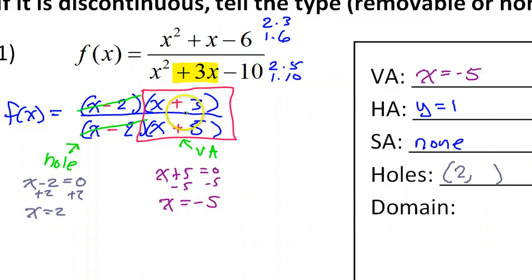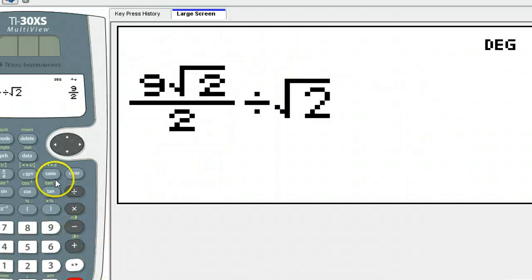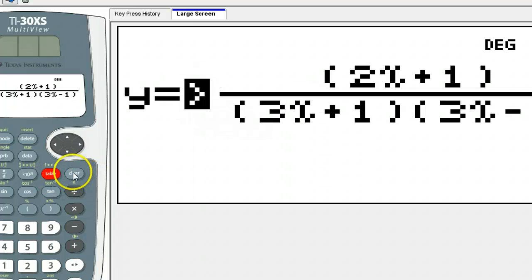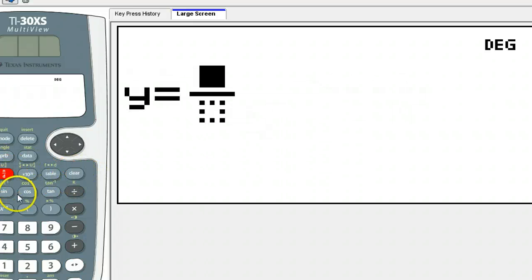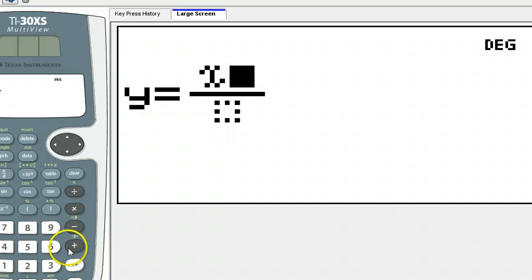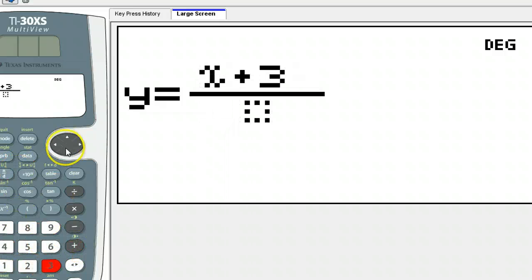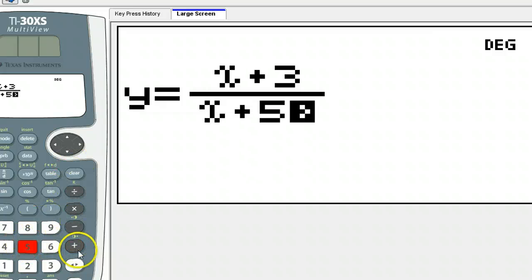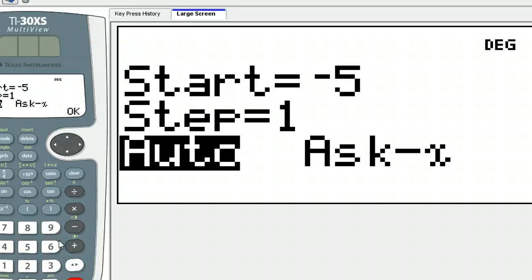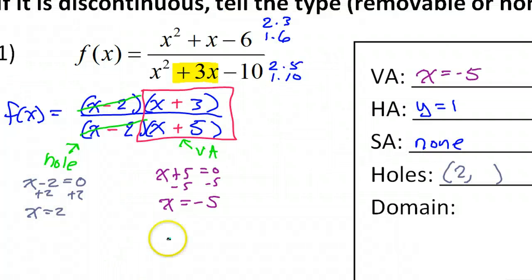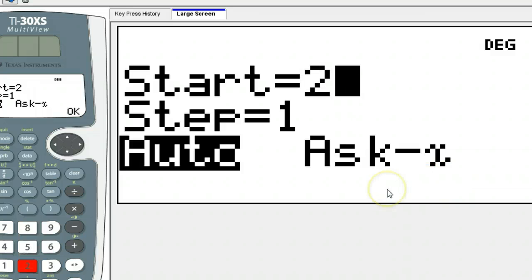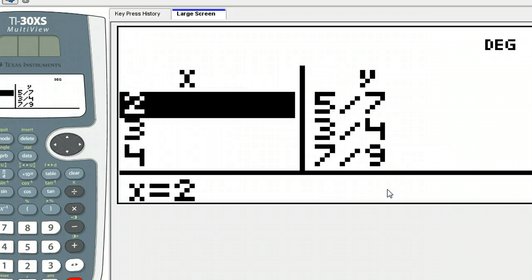So let's do that. X plus 3 over x plus 5. Let's table it up. Okay, so x plus 3 over x plus 5. And I wanted to know about the value 2, so I might as well go ahead and put 2 right now. Okay, so at 2, the y value is 5/7.